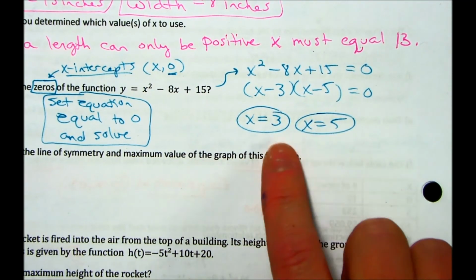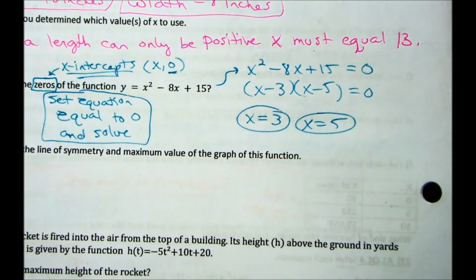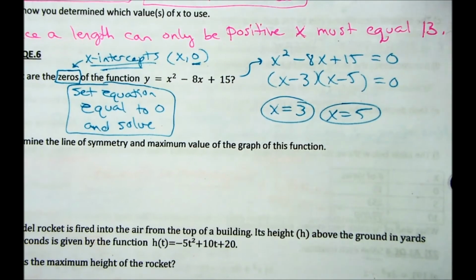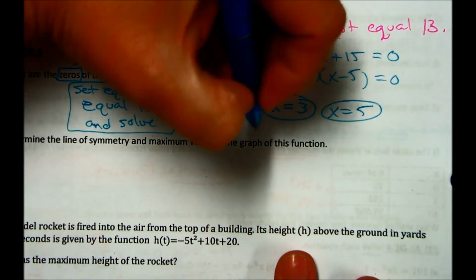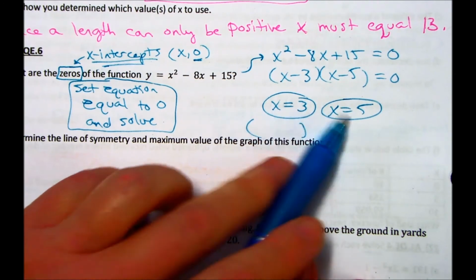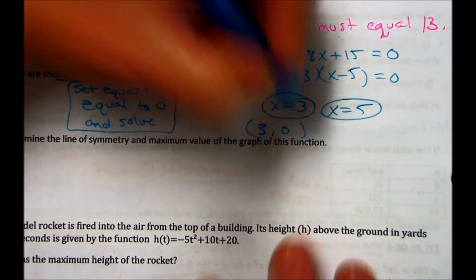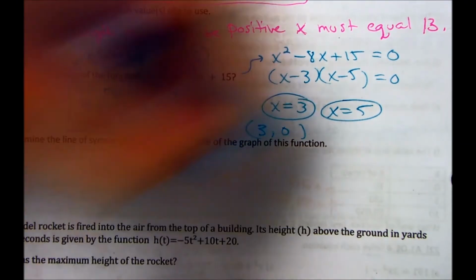So that means now be careful, x-intercepts are points. So depending on how the question is worded, you should write them as ordered pairs because these are points. So 3 is the x-coordinate for one of your points, but the y-coordinate is 0.